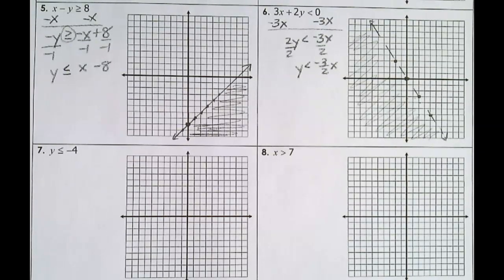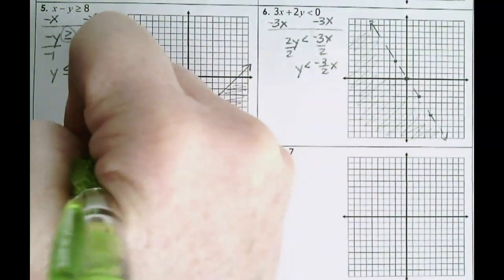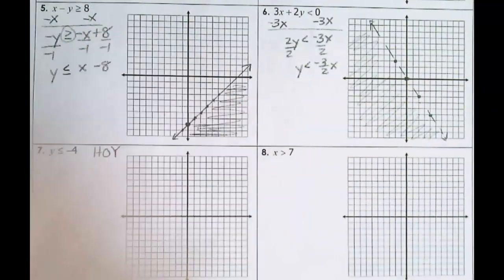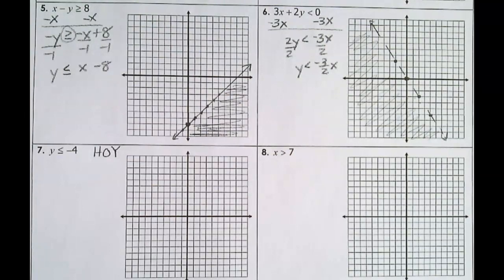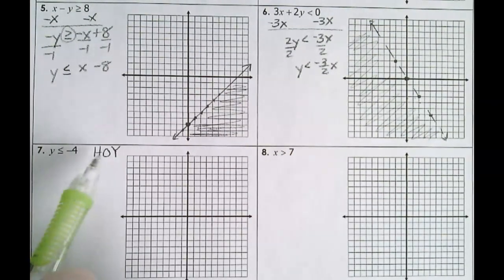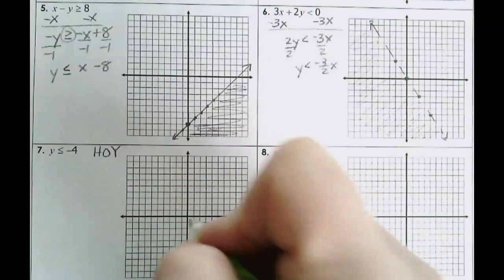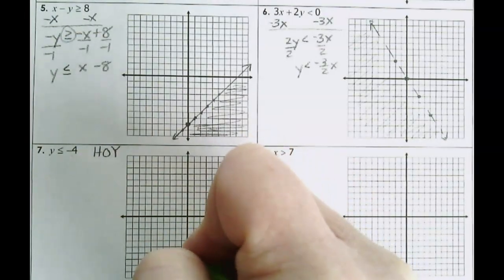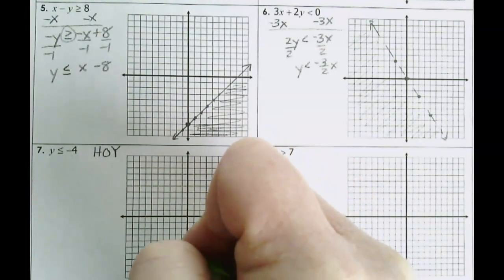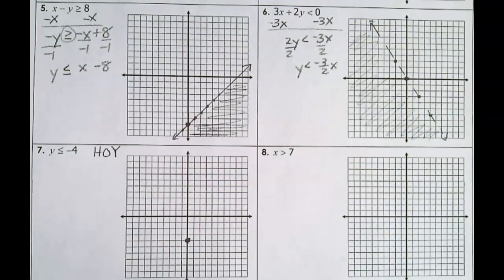So number 7 says I have y is less than or equal to -4. So here we just have y. X is not there. Do you remember back to equations when we just have y and there's not an x? We had a way of remembering that. HOY. That tells me it's a horizontal line, and I have a slope of 0, so it's going side to side. There's that -4. -4 is where I am on the y-intercept.